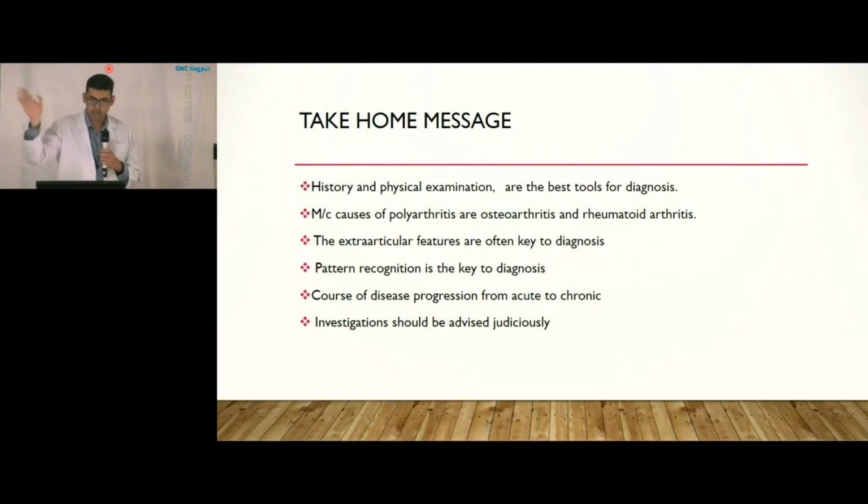Extra-articular features, you are very good at observing, so definitely look for those. Pattern recognition, as I said: whether it is symmetrical or asymmetrical, axial versus non-axial involvement, any extra-articular or peri-articular involvement. Course of disease progression, whether acute or chronic, and investigations should be advised very judiciously.